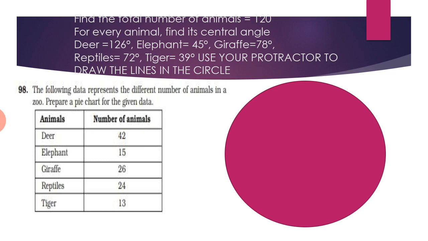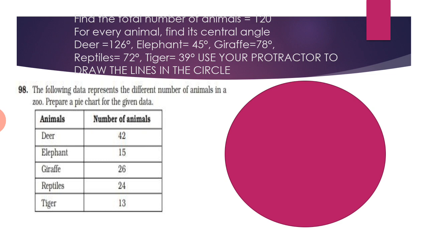And I have taught you what to do. You have to find the angle for each one of them. So the deer is 42 by 120 into 360 degrees, right? So that becomes 126 degrees. Elephant is 15 by 120 into 360 degrees. That becomes 45 degrees.